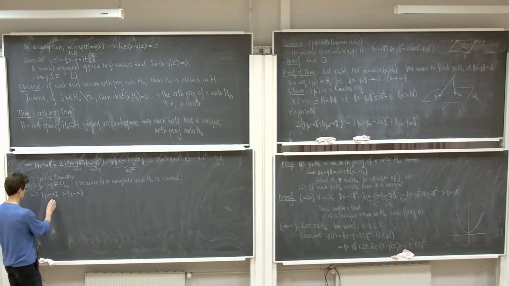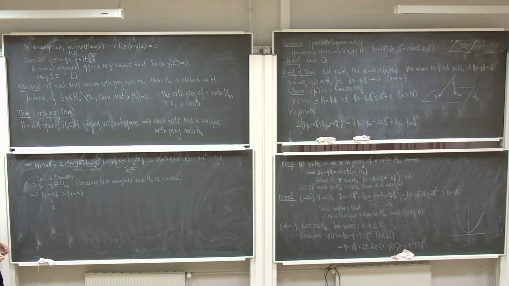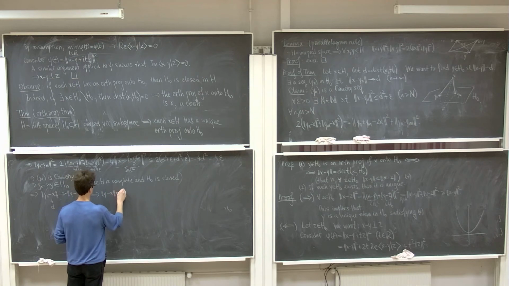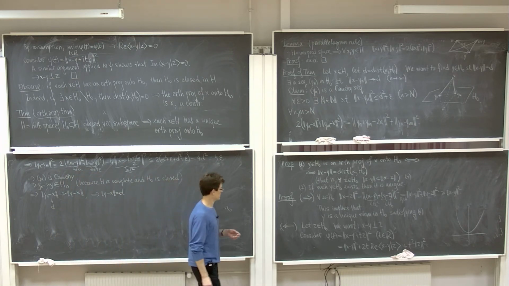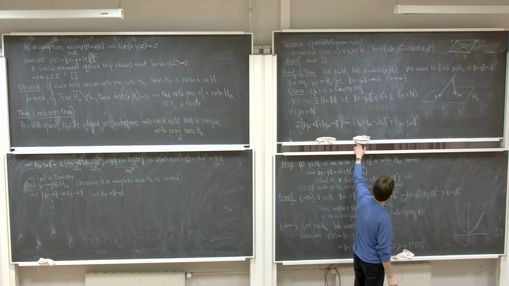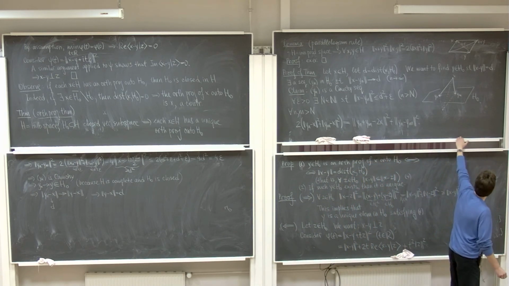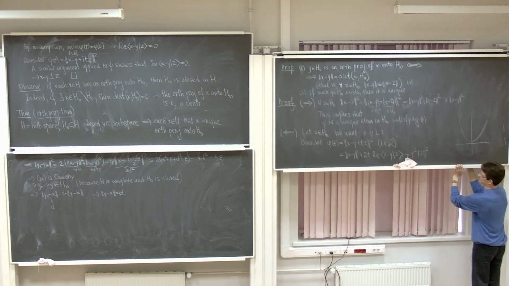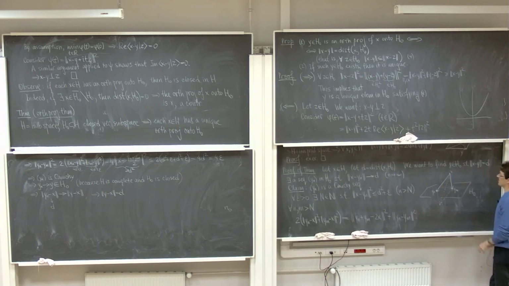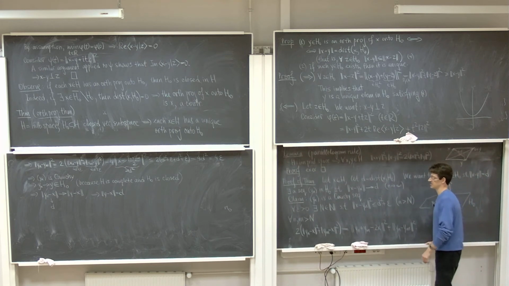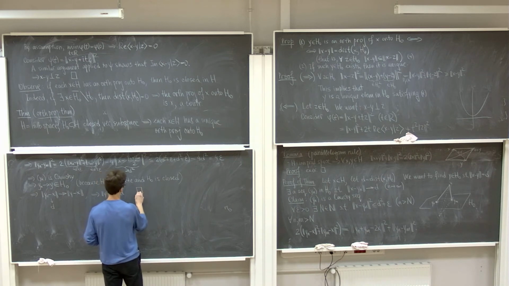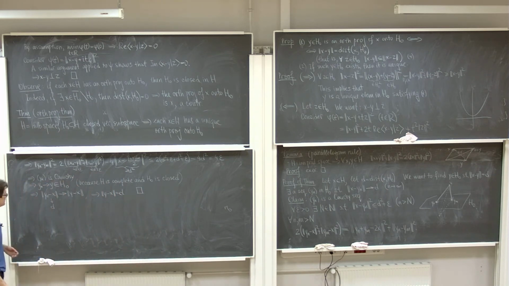But on the other hand, by assumption, this converges to d, and we conclude that the distance between y and x is d. So our element y is exactly what we are looking for. It satisfies this condition, and so by the previous proposition, it is the orthogonal projection of x onto H0. And this completes the proof.